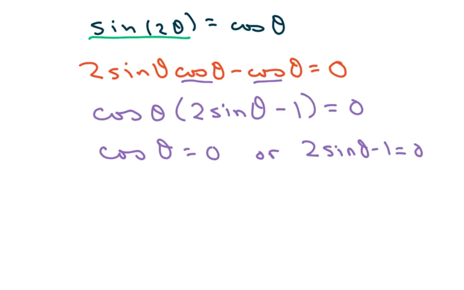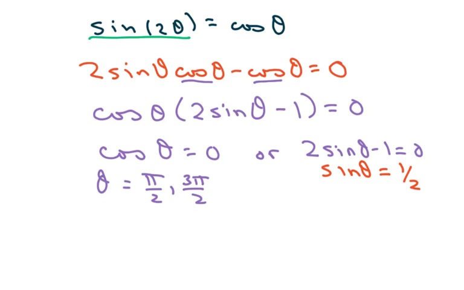In this case, for the cosine of theta, where the cosine is 0 is at pi over 2 and 3 pi over 2. For this one, I'm going to rewrite it as sine of theta equals 1/2.